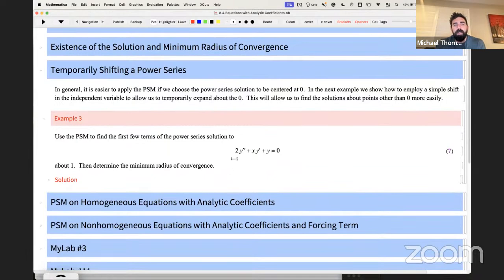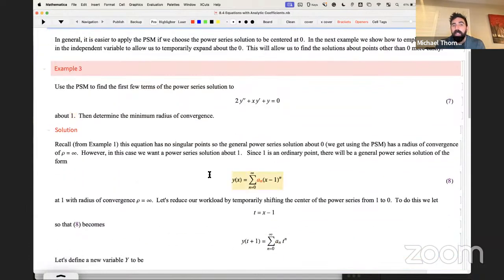So we're going to use the power series method to find the first few terms of the solution to this, but we're going to do it about 1. Your power series solution is going to look like this, right? And we're guaranteed there is a solution. Our job is to find all of the a_n's.